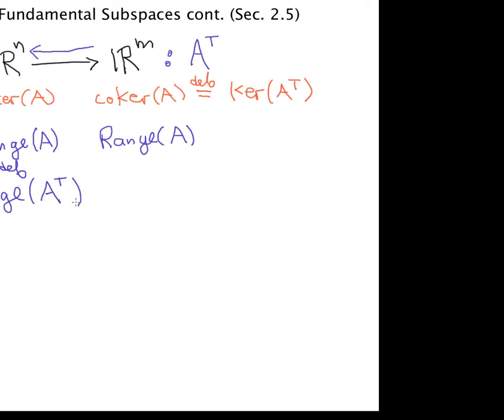Okay, so you use the prefix co to specify that you're talking about the corresponding object for the transpose. The co-kernel of A is the kernel of the transpose. The co-range of A is the range of the transpose.